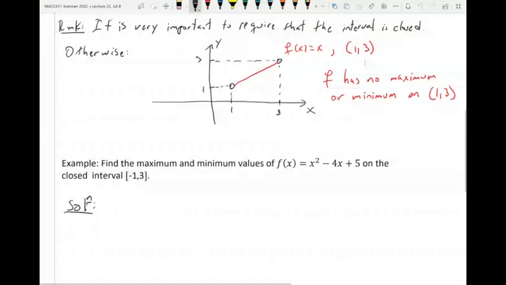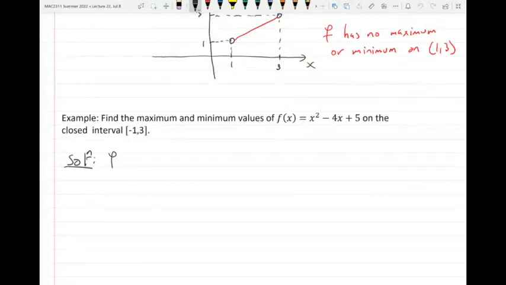Okay, so we have the function f of x equals x squared minus 4x plus 5. What we're going to do is try to graph this function. We know that this is a parabola, and for example, can we factor this? The factors of 5 are 5 and 1, and none of those work.